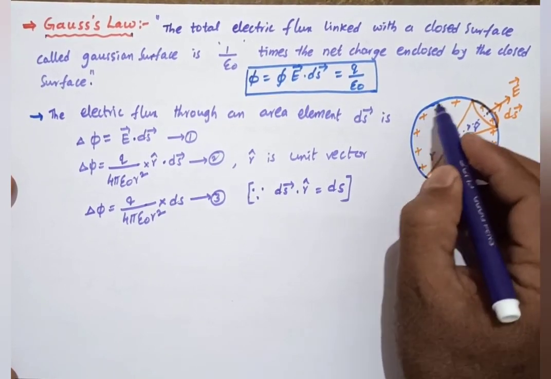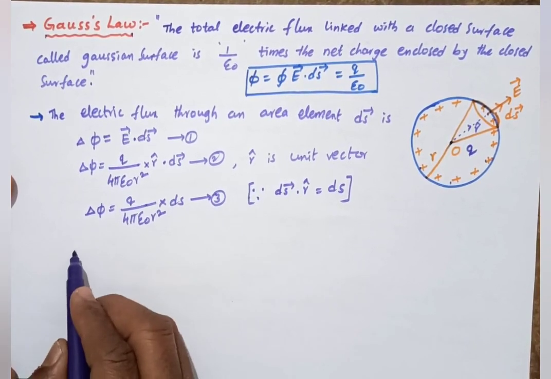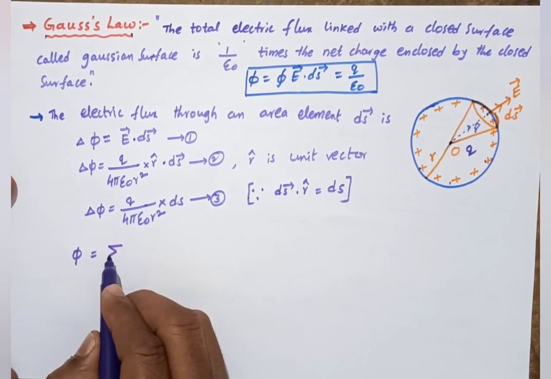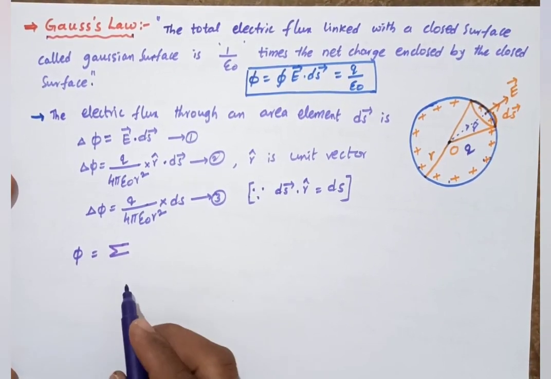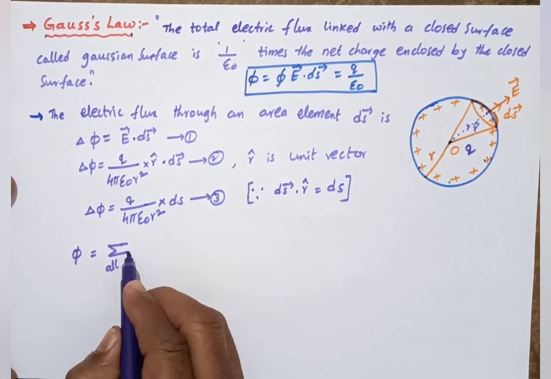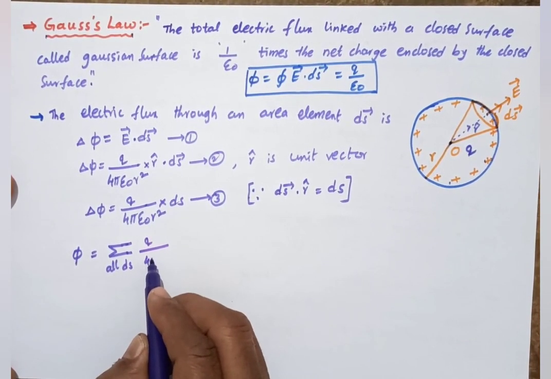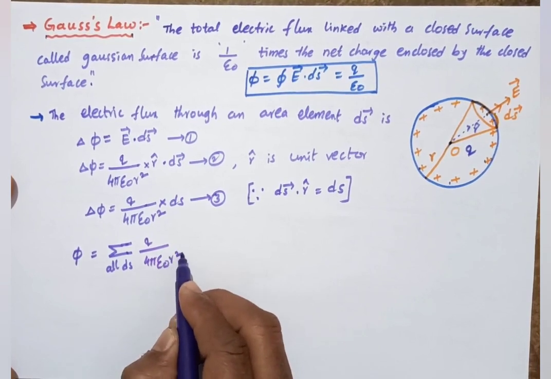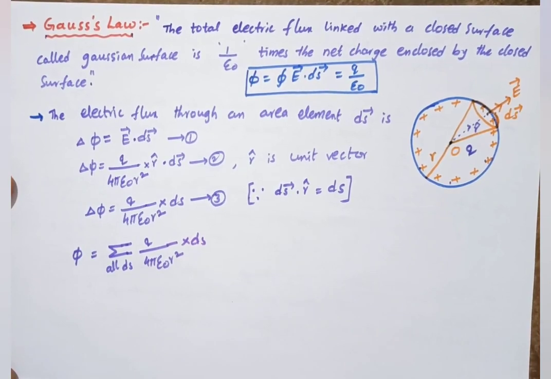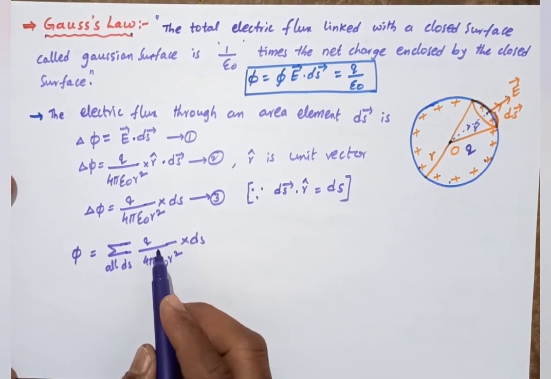Now the total electric flux, so it is a part, here another part, here another part. The total electric flux is nothing but the summation, so total electric flux phi equals sigma over all delta s of q by 4 pi epsilon naught r square into ds. Okay, here q by 4 pi epsilon naught into r square is common.